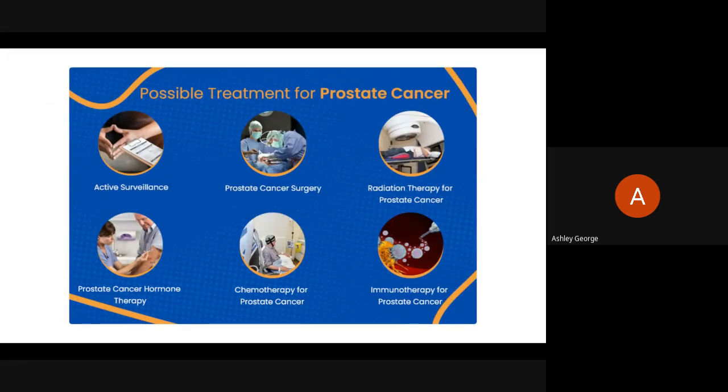So there are quite a few treatments for prostate cancer. Going from top to bottom, we have active surveillance. You can do surgery, radiation therapy, hormone therapy, chemotherapy, and then immunotherapy. So generally for the localized non-metastatic disease, the main options for treatment include active surveillance, and there can often also be local ablation, which is the removal or destruction of tissues.